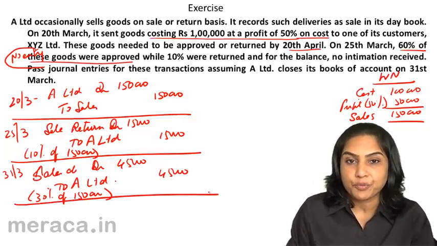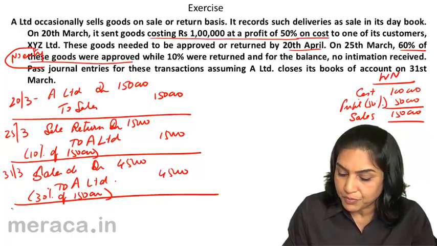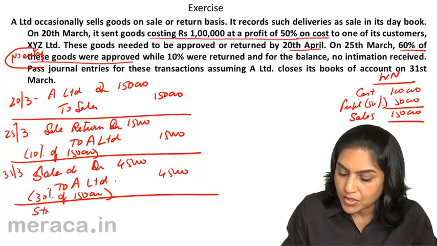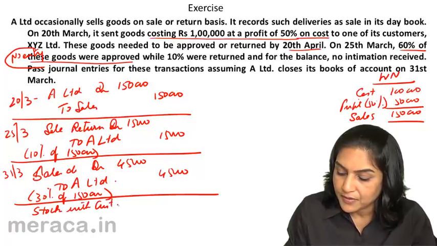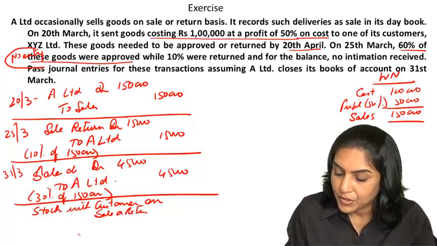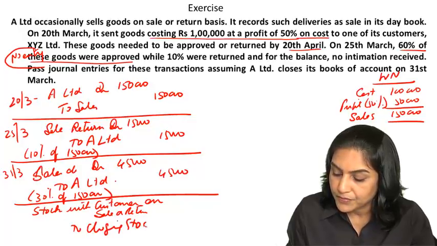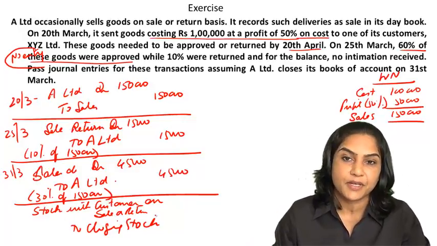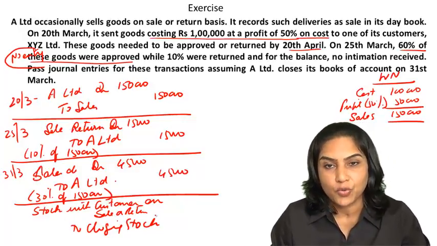We would also have to bring this stock into our books, and the entry for that would be stock with customer on sale or return to closing stock. What would be the value? Value would be the cost or realizable value, whichever is lower.